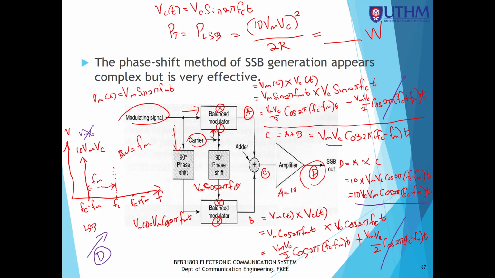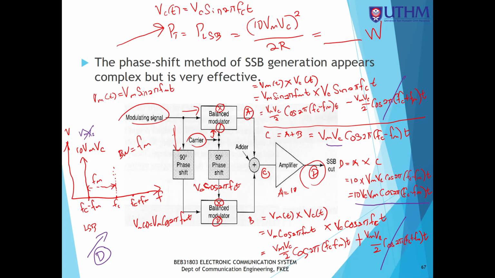This has come out in the previous semester. We asked up to this point, up to finding the power. We asked to produce the equation for point A, point B, point C, and then when we put an amplifier, what happens at the output. So produce the output equation, and then draw the amplitude spectrum. How does the amplitude spectrum look?